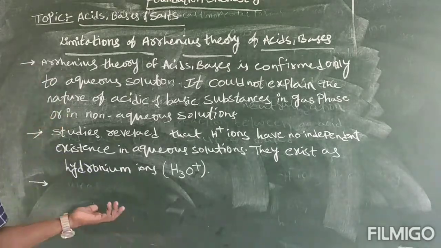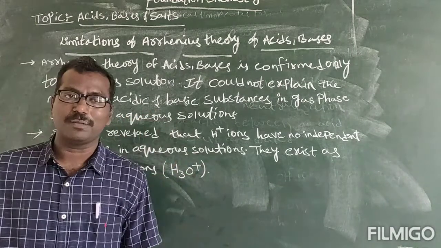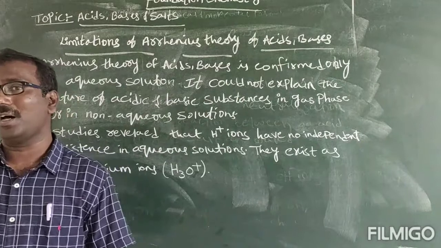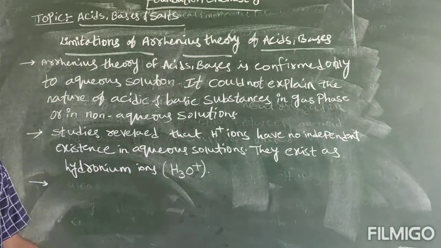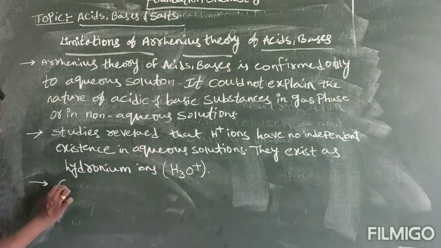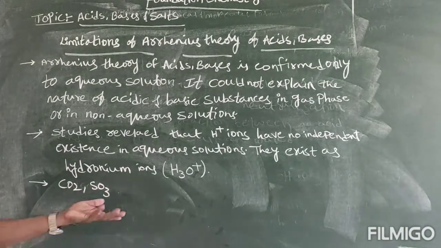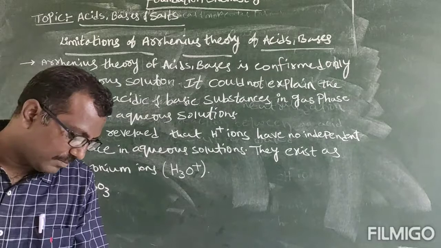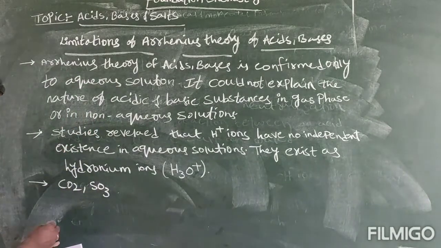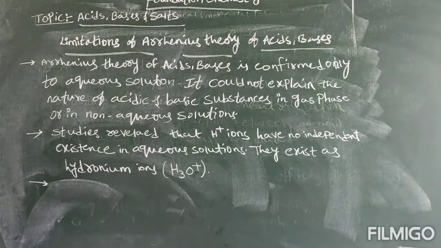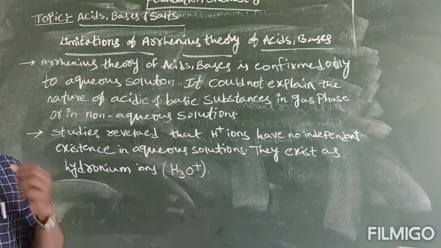So sulfur trioxide is acidic in nature. But he says the acid is one which contains only H plus or H3O plus ions, and nothing like that is there in CO2 or SO3. Still they are acidic in nature. So Arrhenius theory could not explain why these are acidic.